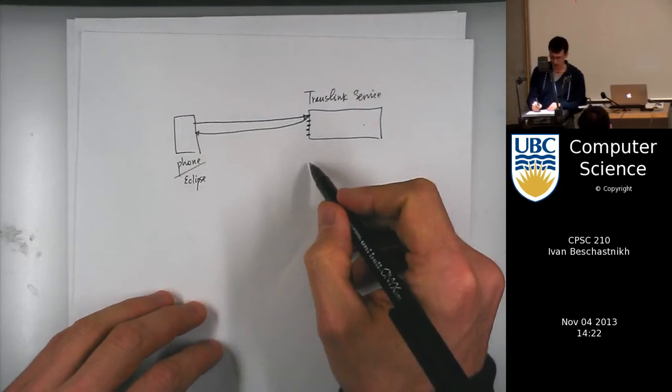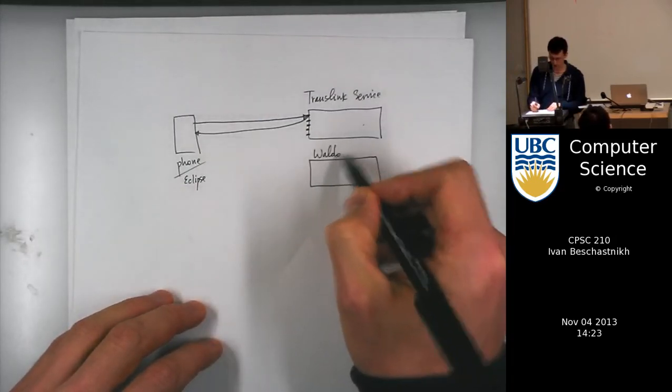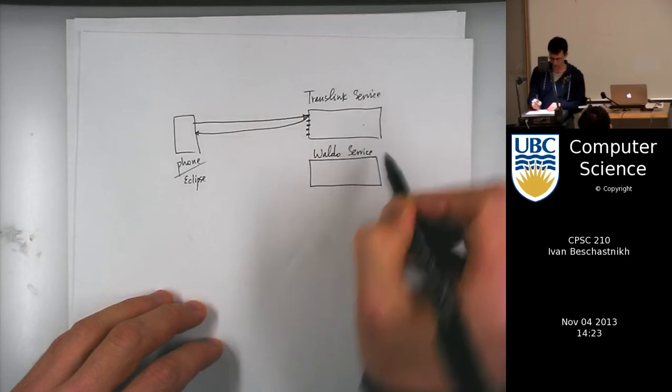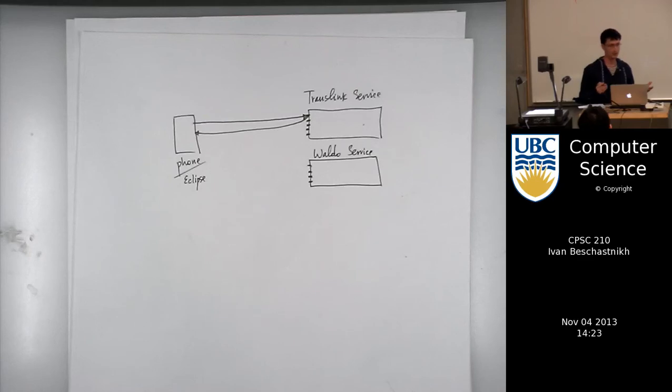All right, so this is kind of the diagram you should have in your mind. And then there's going to be another service, and that's the Waldo service. And the Waldo service is not run by TransLink. It's run by me. And the Waldo service supports a different API. And so here's a page to actually demonstrate the Waldo service. So, it supports 6 calls, the first of which is init session.